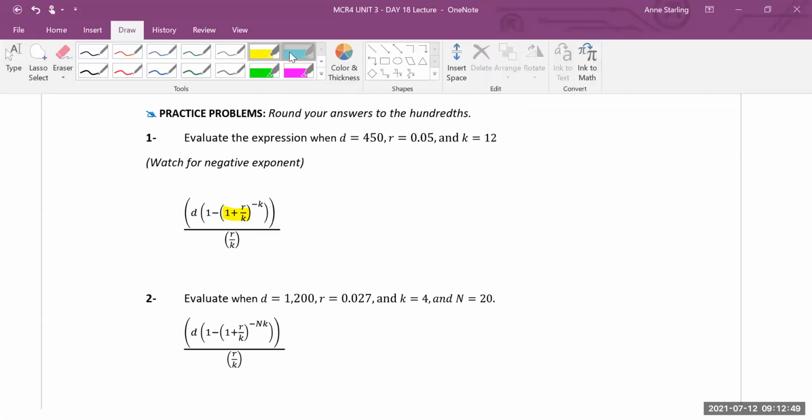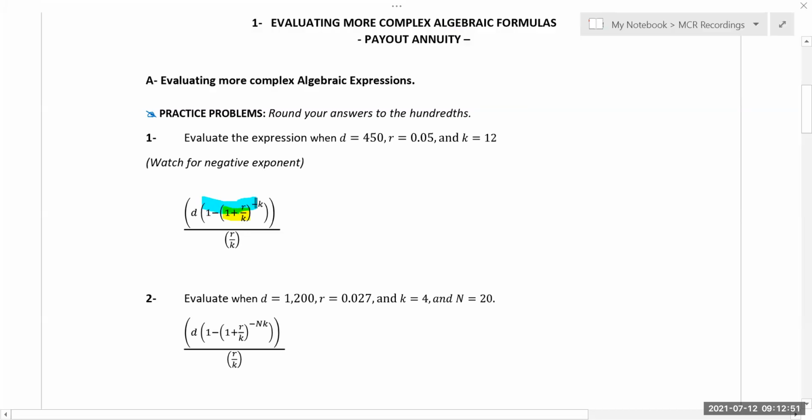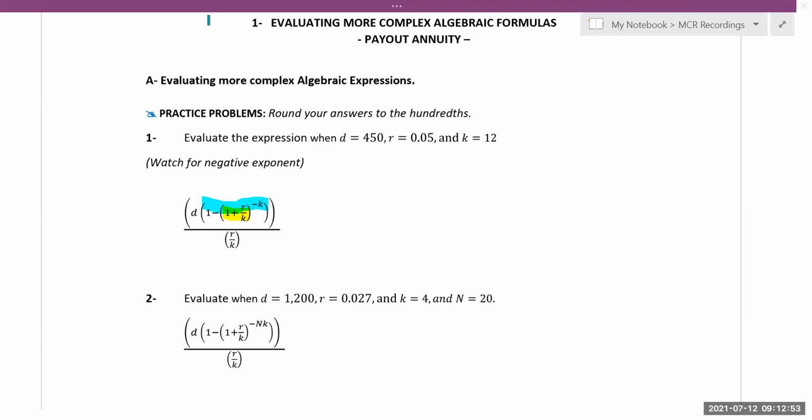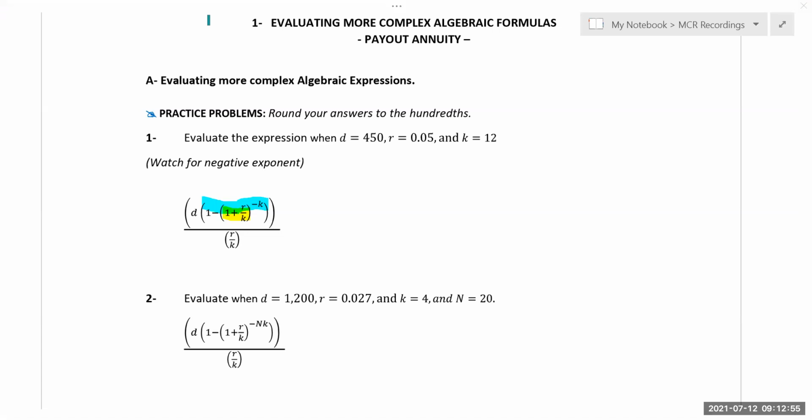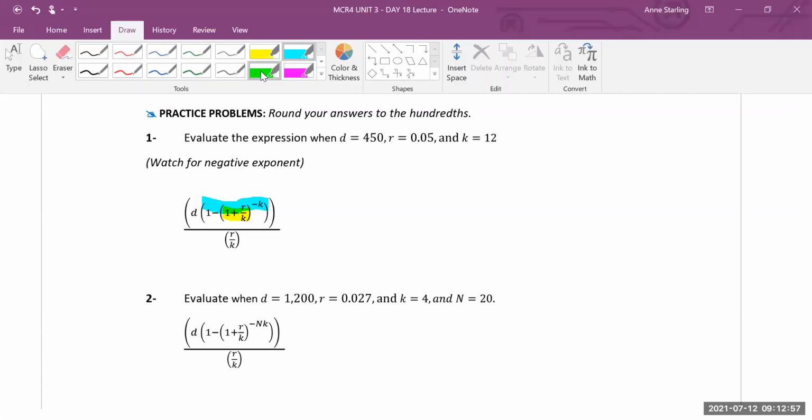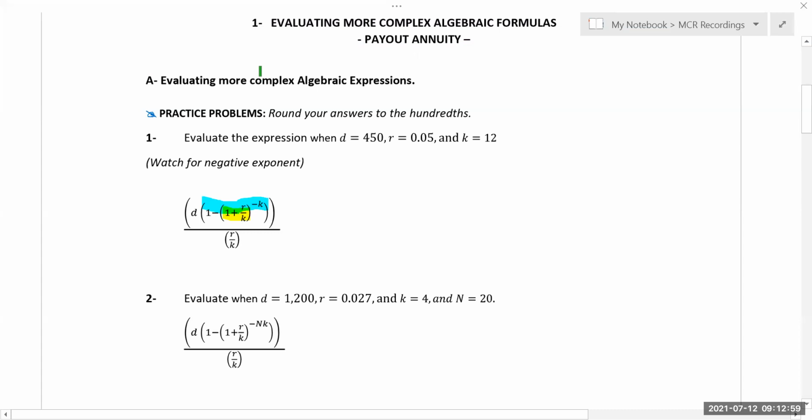Then we're going to do the next set of parentheses, and you do order of operations within them too. So we'll do the exponent before the subtraction. Then we do the next set of outer parentheses, and that's when we'll do these two and divide them. So that's the idea of the order we're going to go in.